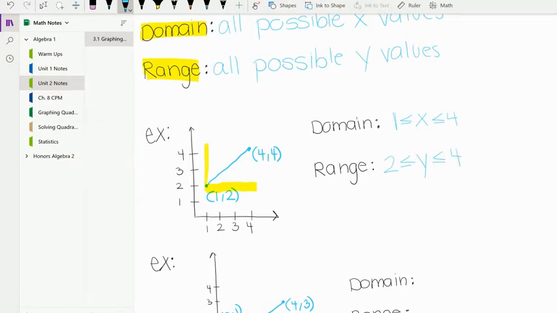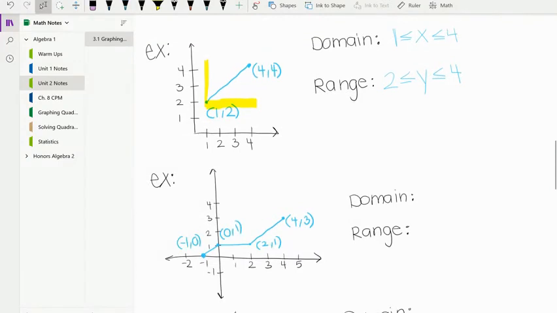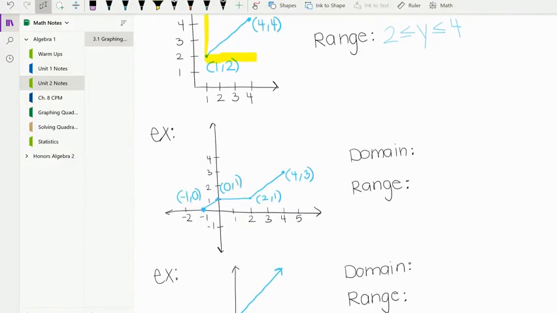Now we're going to look at this graph. Kind of a lot going on here. Again, go from left to right. As I move from left to right, it looks like the smallest x value is -1 and the largest x value is 4.